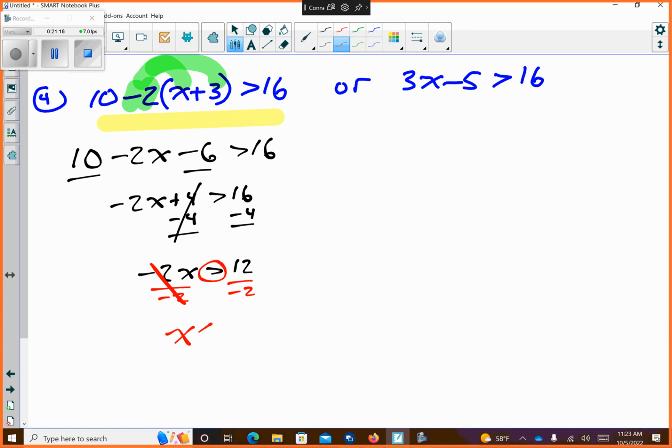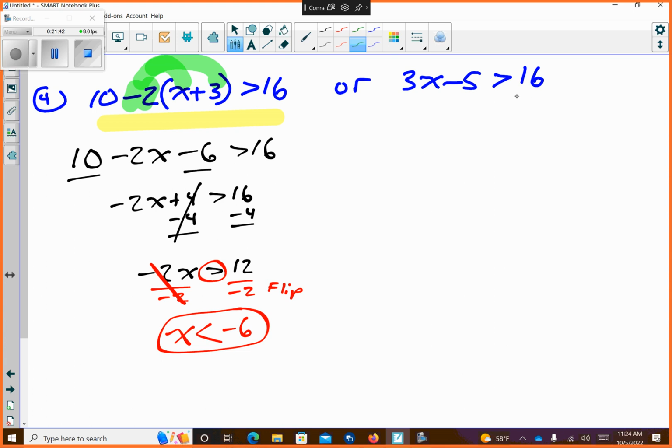That flips. 12 divided by negative 2. Negative 6. Okay, so I'm going to write the word flip. Does everyone understand why we flipped it? Yes, definitely negative that we divided by. Agree? Absolutely. Yeehaw. All right.